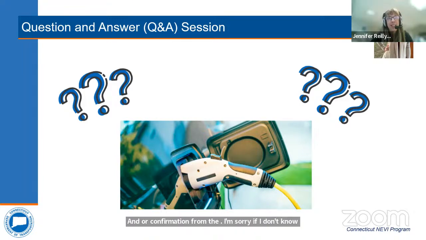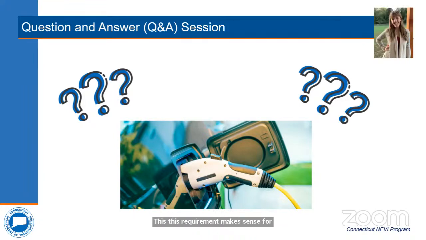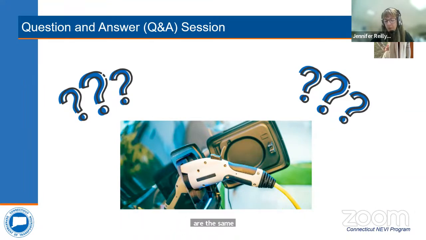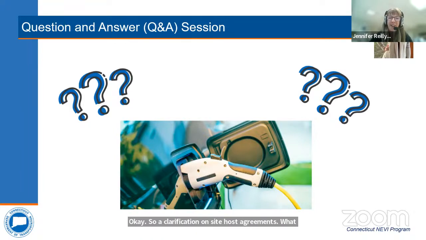This requirement makes sense for proposals where the site host and applicant are different entities, but not when the site host and applicant are the same. Okay. So a clarification on site host agreements. When in doubt, maybe just send us your site host agreement. But like I said, it's not mandatory for the LOI to have your site host agreement in place right now.